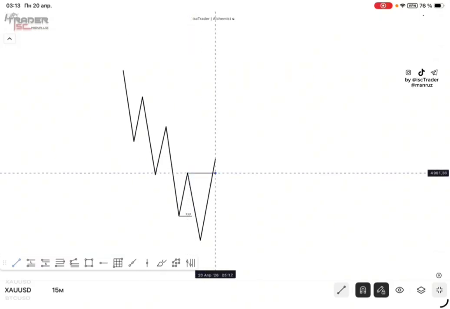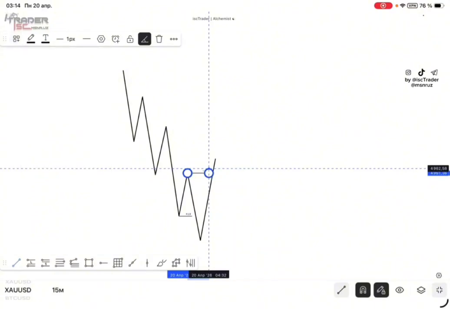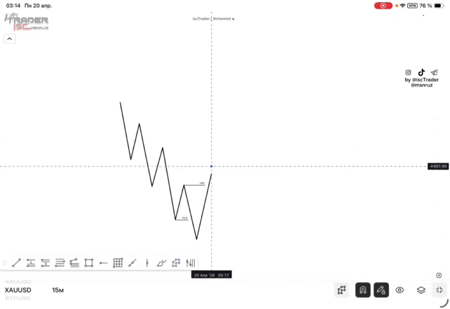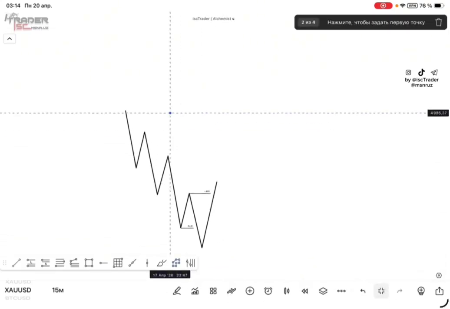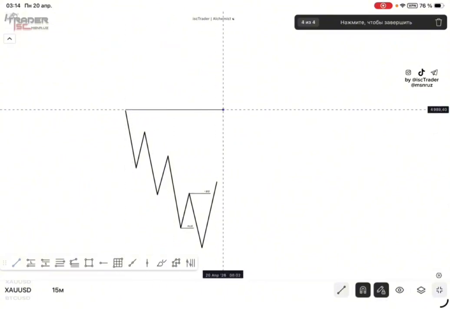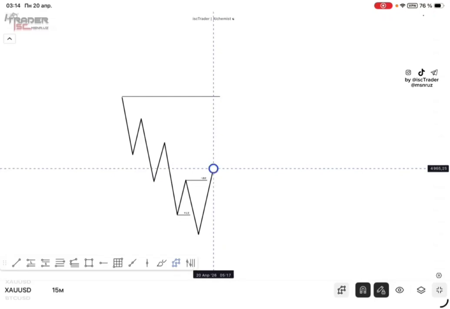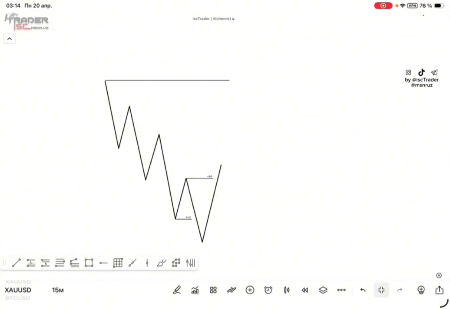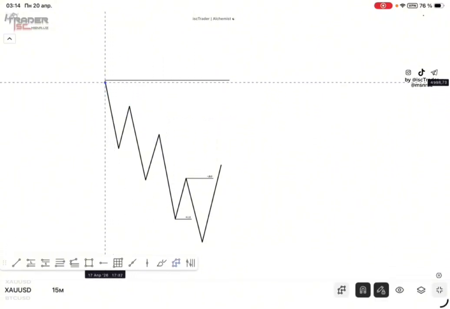And breakout. Again, the market continues on the same path. If we take the external range liquidity here, the trend is in a sell.